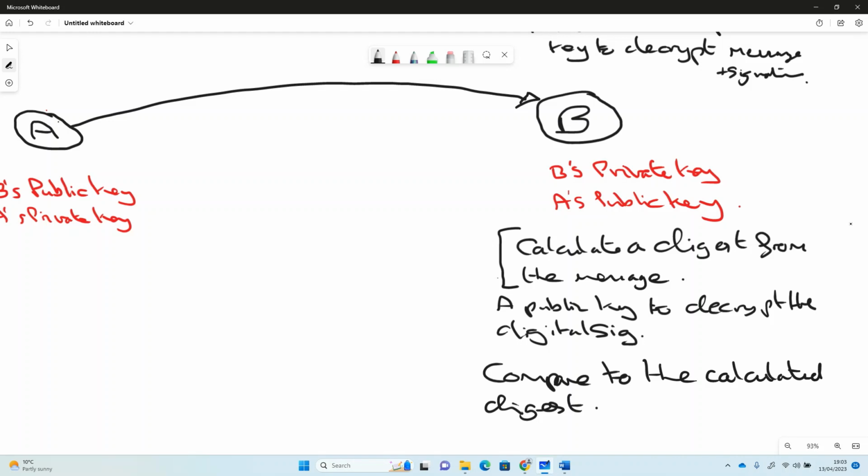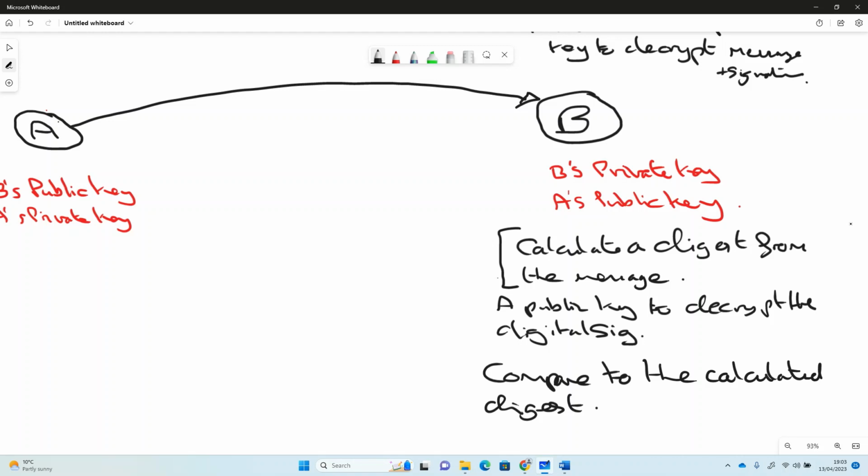So compare the two, and if the recalculated digest here is the same as the one that we've just decrypted, then we know that the messages match, and so the digital signature is a correct digital signature, and we know that the message came from the person who wrote that signature, so computer A in this case.